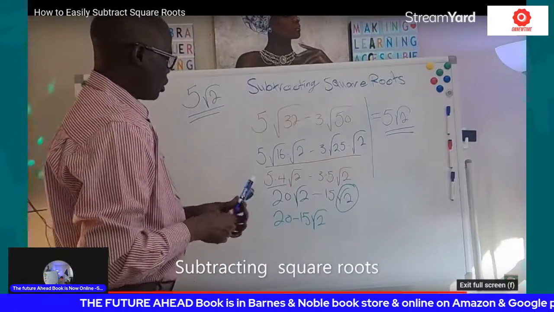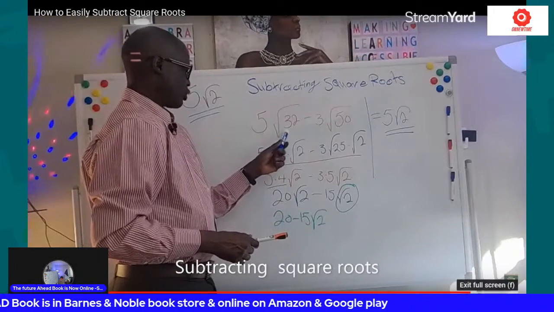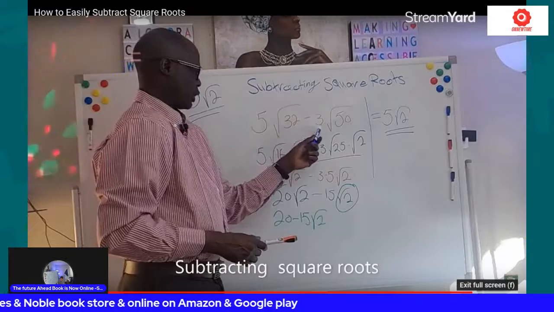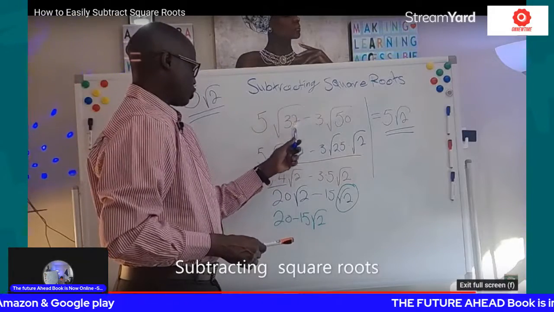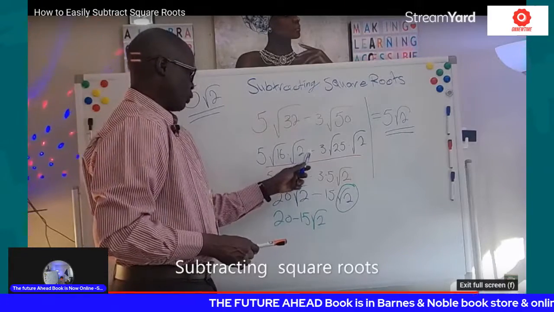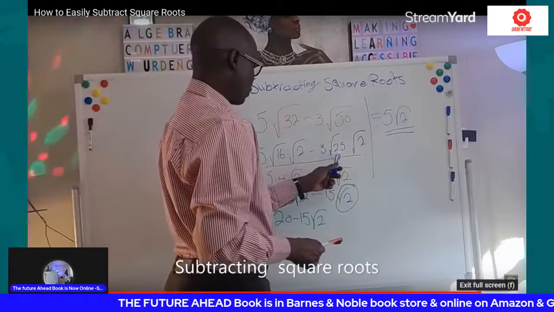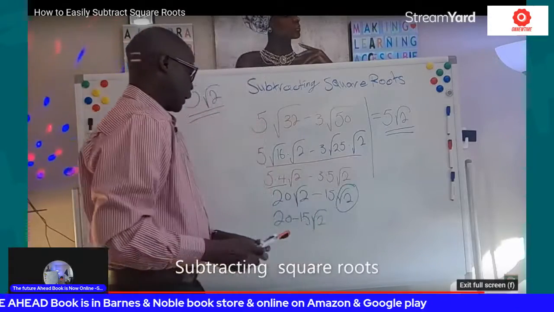So let's go back again. We have 5 times the square root of 32 minus 3 times the square root of 50. We say we have to simplify 32. It's equal to the square root of 16 times 2 minus 3 times the square root of 25 times the square root of 2.